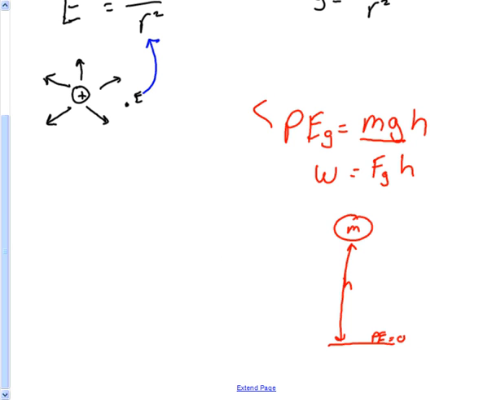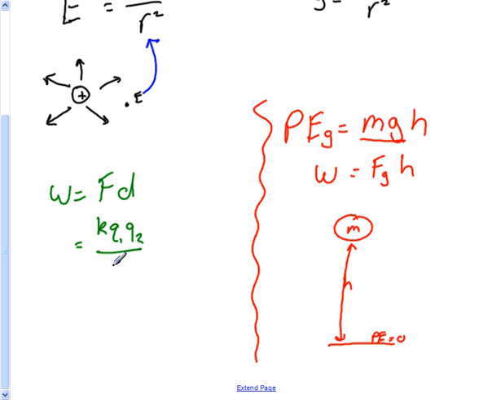If we look at how that relates to the electrostatic force, the electric field, and all that, we've already drawn a lot of parallels between gravity and electrostatics. So can we do the same thing here? It turns out that we can. If we talk about work as a force times a distance, then the force equation is K times Q1 times Q2 divided by R squared, and we're using distance as R here.